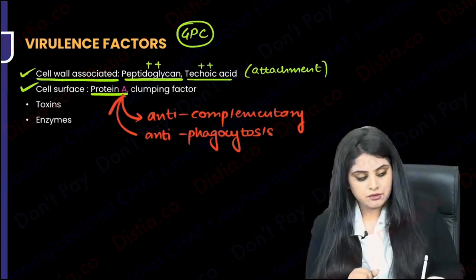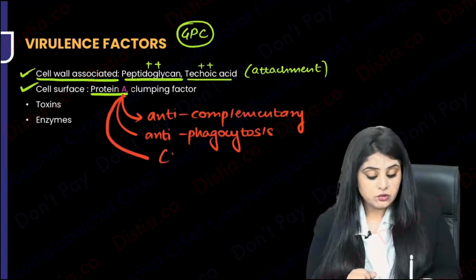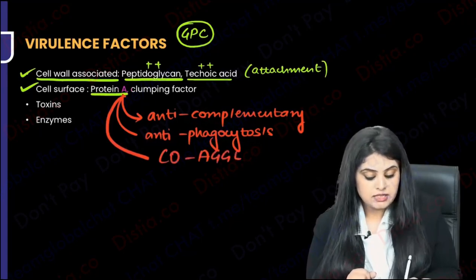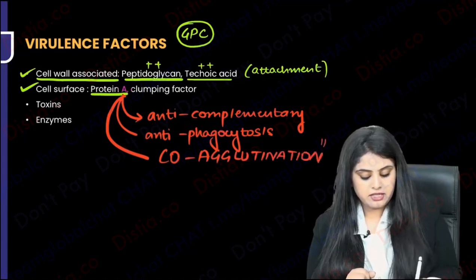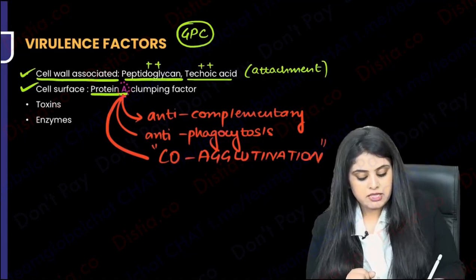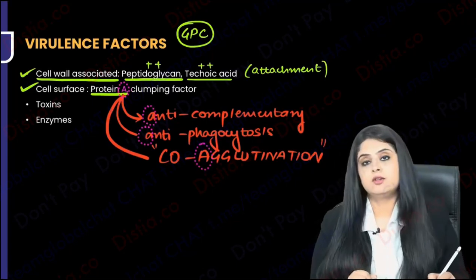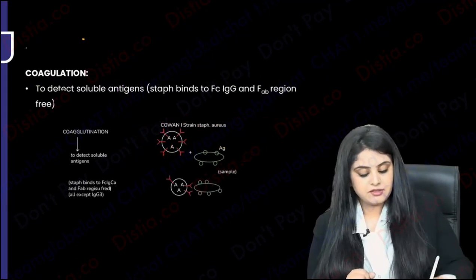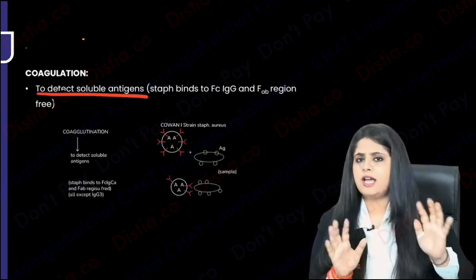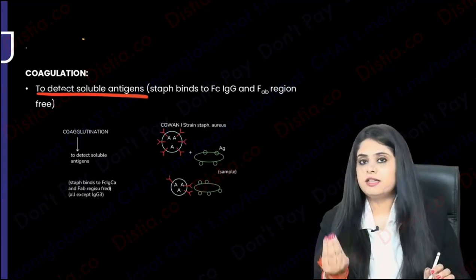Moving on, coming to the next one, tell me something which is known as coagglutination. Now, what is coagglutination? This is exactly what I'm going to explain to you. But pehle please learn, protein A is responsible for anti-complementary, anti-phagocytic and coagglutination. So what is coagglutination? Sabse pehle, this is a test where I want to detect antigen. You'll say, hang on ma'am, Staphylococcus is anyway an antigen.